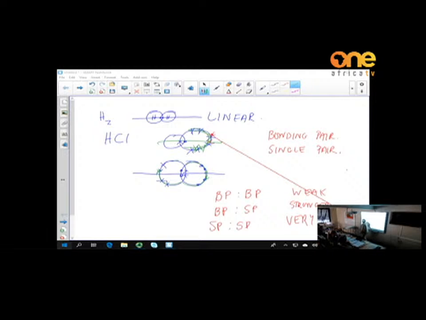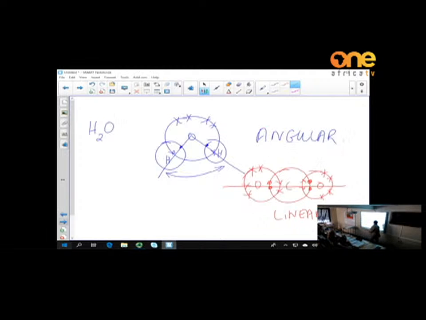But what about CO2? I'm first going to explain this one. I'll do them in comparison. Now, when we get to water, here we find we have 2 single pairs and 2 bonding pairs. The repulsion between bonding pairs is very weak, so they do push each other away, but not very strongly.